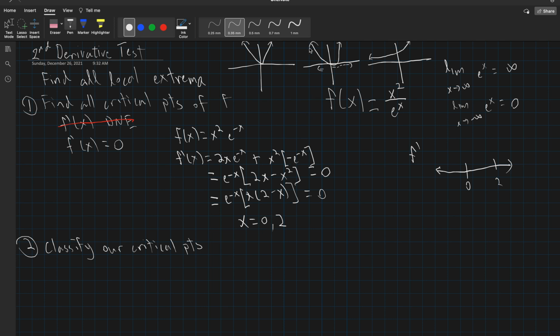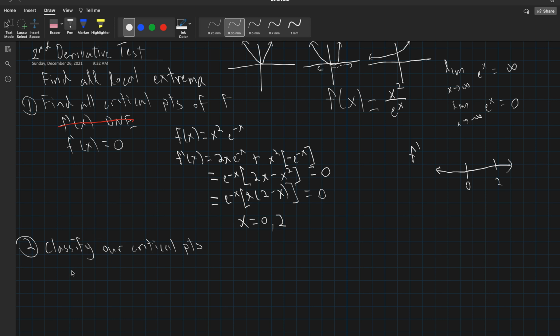For instance, for f of x equals x squared, we know that we have a critical point at 0, and we also know that our function is concave up at 0. So this means that there has to be a local minimum at x equals 0.